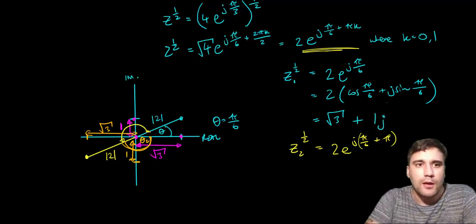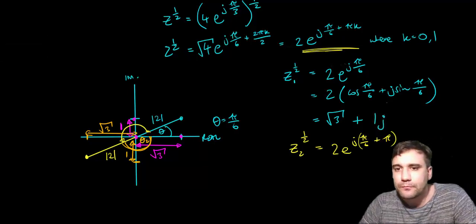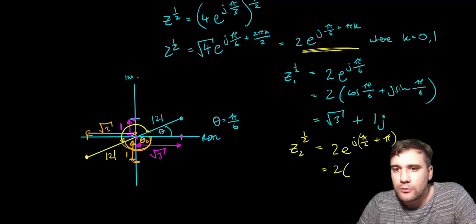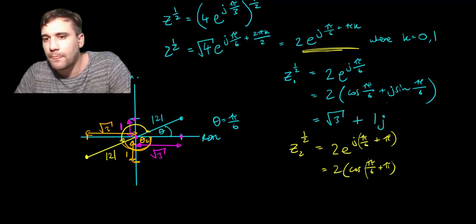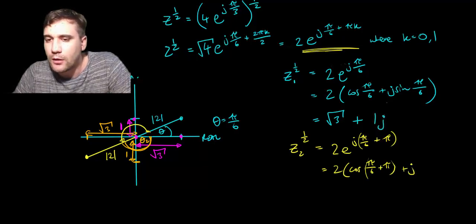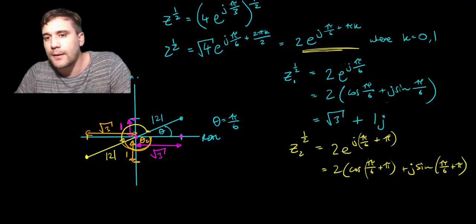So let's see if that is indeed the case. So we're going to get 2 cosine(π/6 + π) plus j sine(π/6 + π).